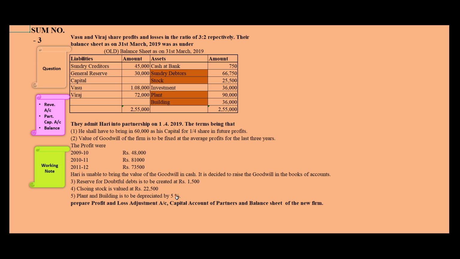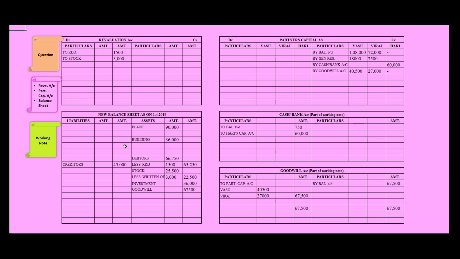Plant and building is to be depreciated by 5%. मतलब प्लांट को भी और बिल्डिंग को भी दोनों को ही 5% से रिड्यूस करना है. I'll go to plant side. reduce मतलब आप लिखेंगे लेस depreciation. 5% रिड्यूस करना है तो 90,000 into 5 upon 100 will get this much.